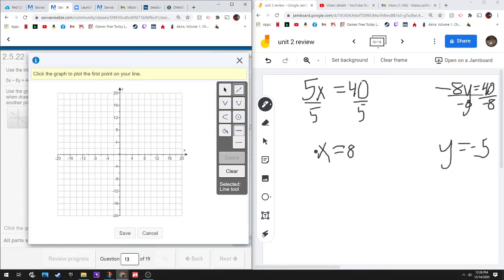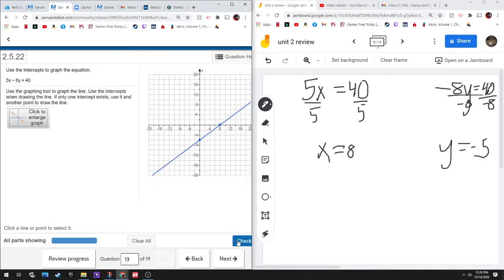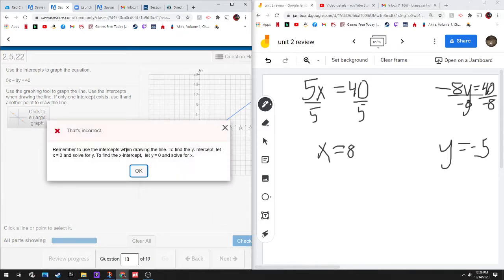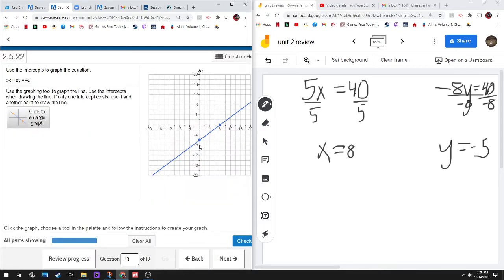So plot my x-intercept of 8, my y-intercept of negative 5. Boom. Let's see if we're right. I made a mistake. What is my mistake? Let me look at my graph again. Oh, wait.